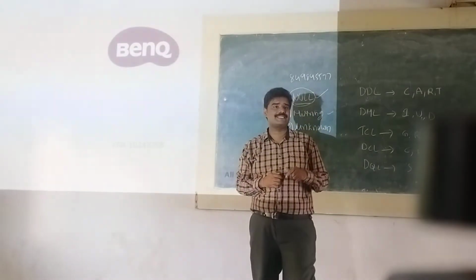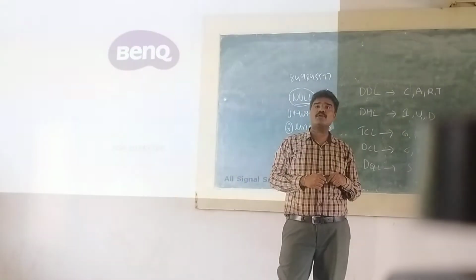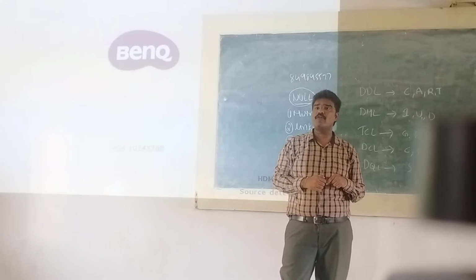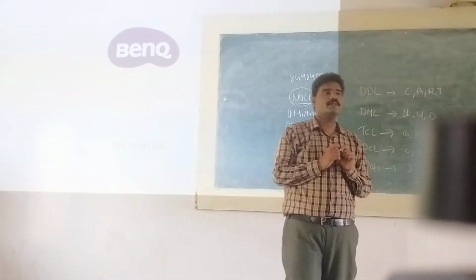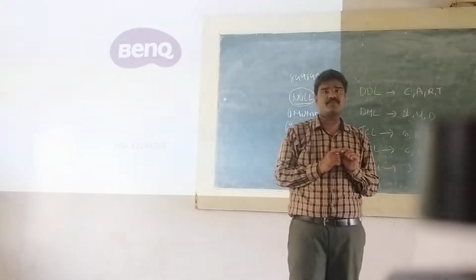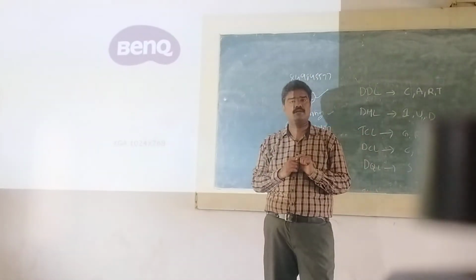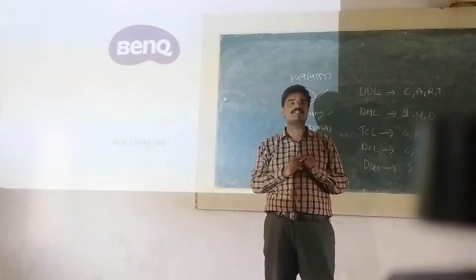Then coming to the next topic, constants: where we are going to use the constants and how. Here we have certain types of constants and rules. Suppose we have 6 constants.